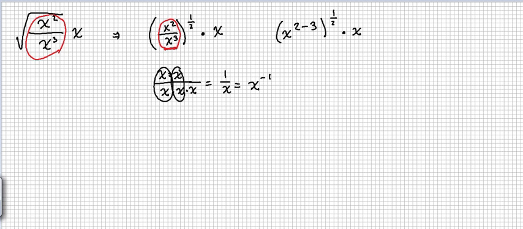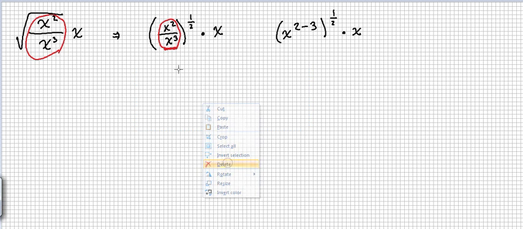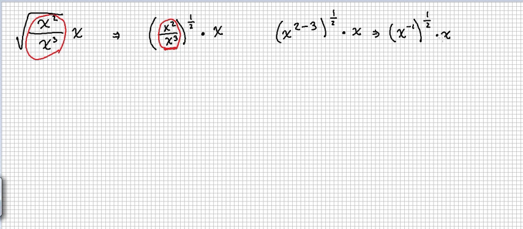So when we solve this, we get this expression equaling x to the negative first raised to the power of 1/2 times x. Now we have to keep evaluating these exponents. Now we have a power raised to another power.